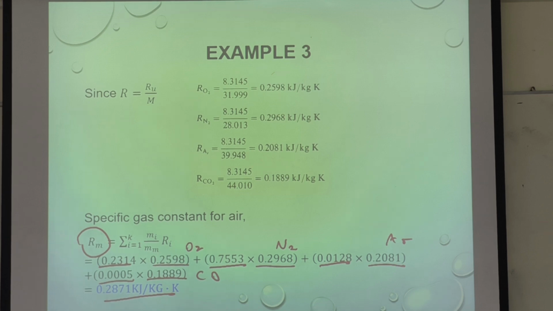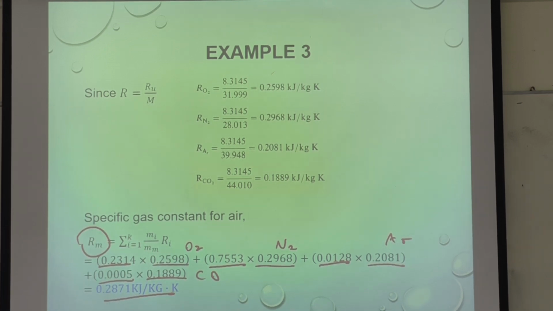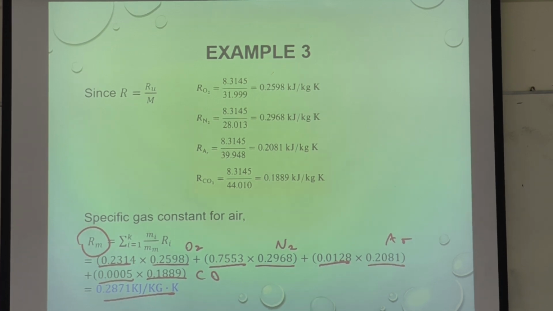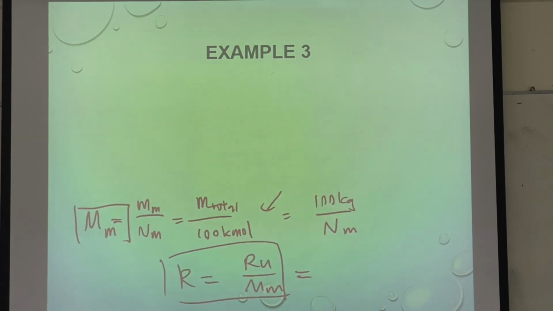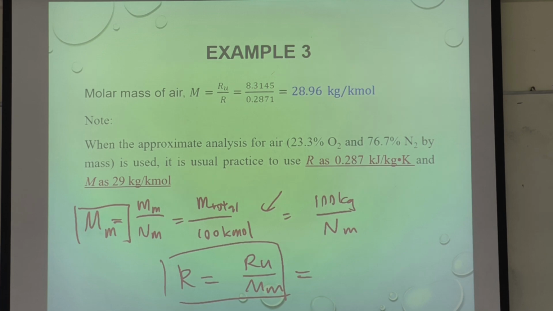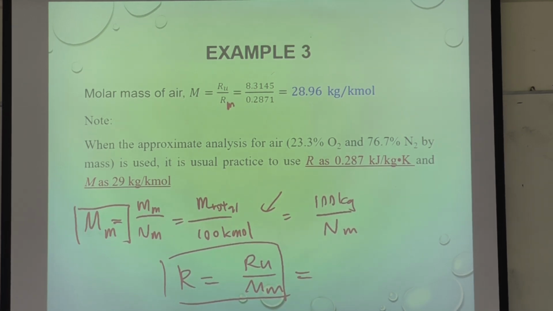But in this case, what you have is 0.2314 kg of oxygen. So you fraction out the properties, you total them up, you get Rm. Then you can use the R or Rm here to get the molar mass. So the second method I showed is the other way around: you find the molar mass first, then you can find R.